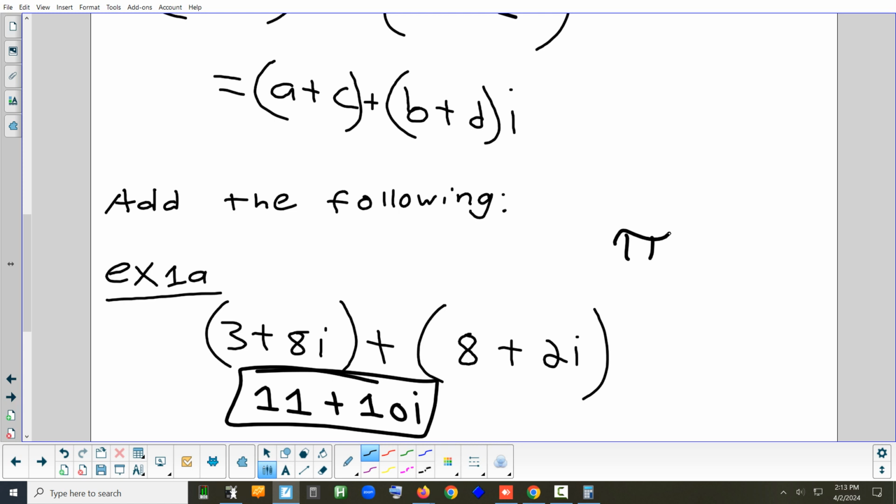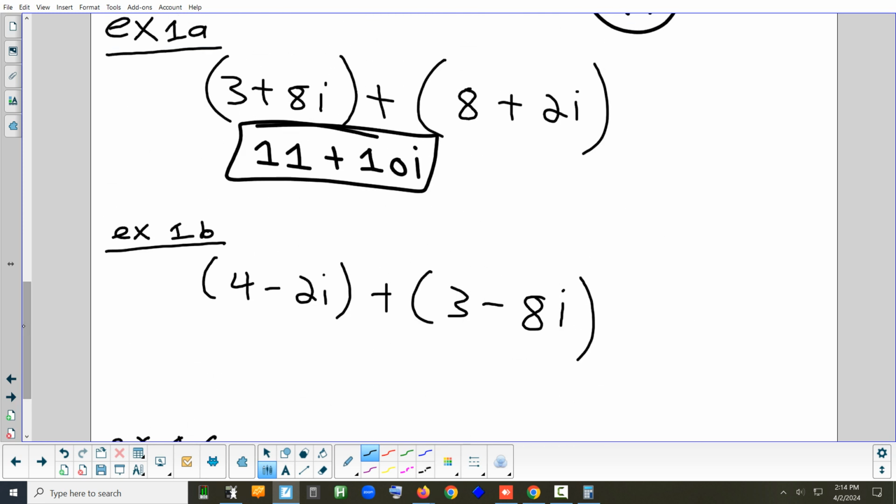Like if you had to pick a variable for a problem, you wouldn't pick this Greek letter as a variable, ever. Because it already stands for something. What does that stand for? Yeah, it has a meaning of 3.14. Same thing with i. i is not a letter here any more than that would be a letter in math. It is a letter in the Greek alphabet, but we don't use it as a letter in math. So we'll talk about what i is in a second.